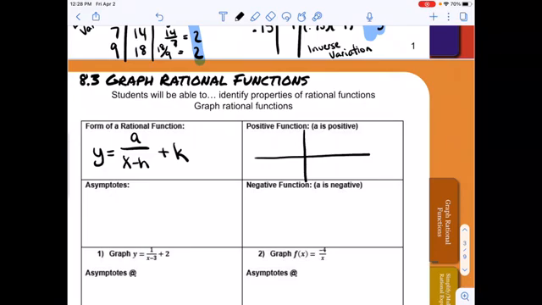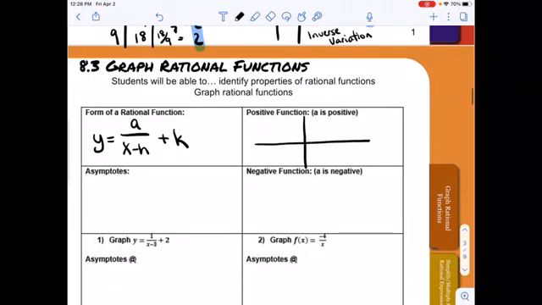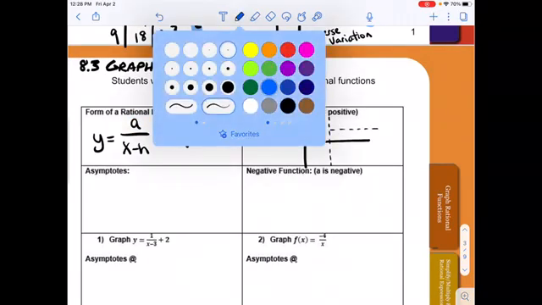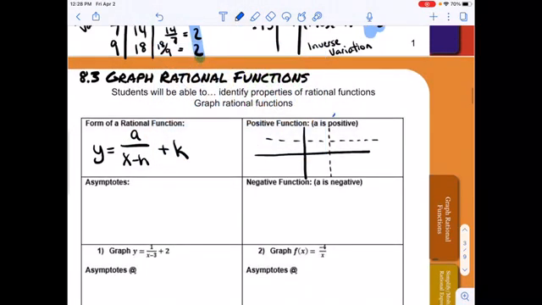So in rational functions, we have something called asymptotes, which we'll get to how to find those in just a little bit. But for this example, they are just this dashed line. If our A value is positive, our graph will look something like this.